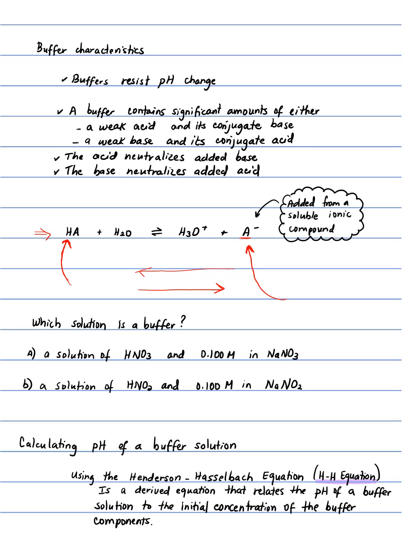Another thing that you need to be able to recognize is which substances you can mix to actually prepare a buffer solution. The definition is a weak acid plus its conjugate base, or a weak base plus its conjugate acid. You cannot prepare a buffer solution with strong acids or strong bases. When you have strong acids and strong bases, you have complete dissociation.